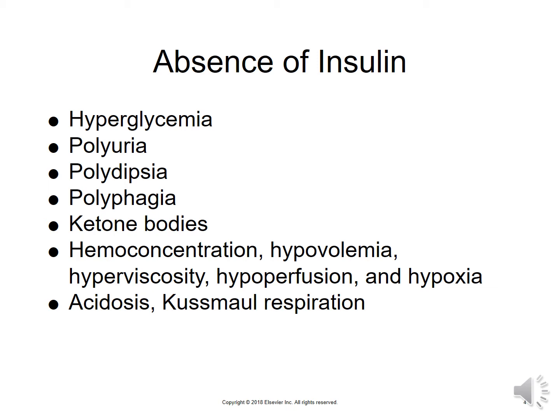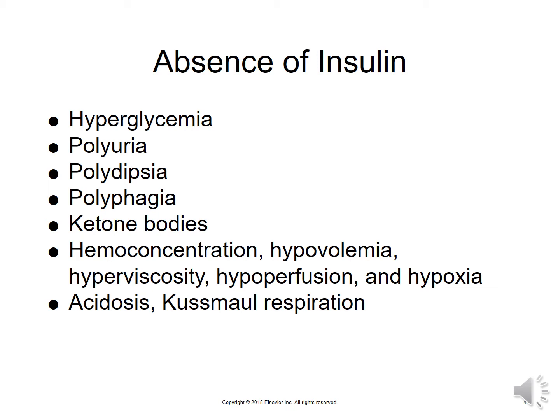So it isn't able to freely flow through the arteries, and the arteries can become blocked. If the arteries become blocked, that means you're not perfusing areas well with blood, and they become hypoxic. So we'll be giving our diabetic patients just copious amounts of fluid.